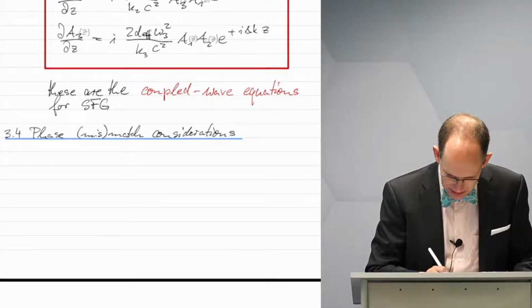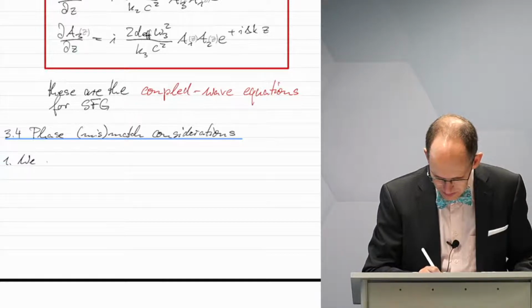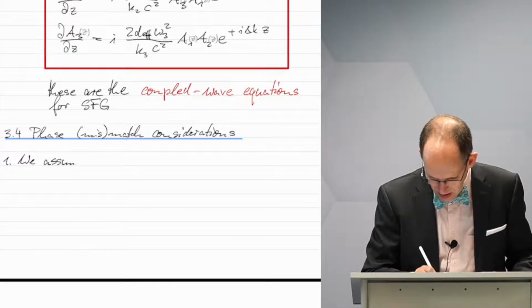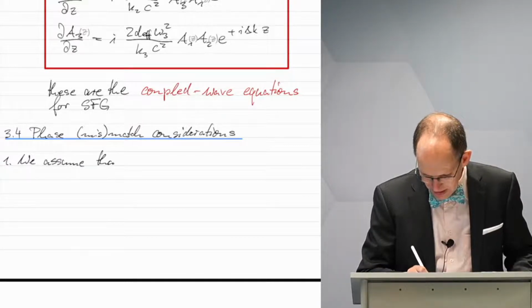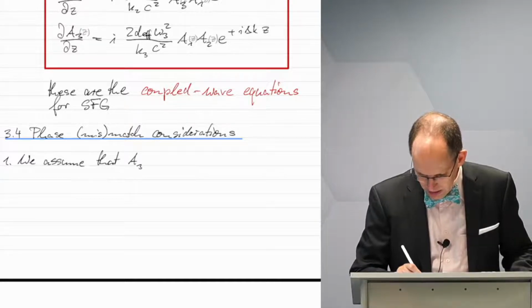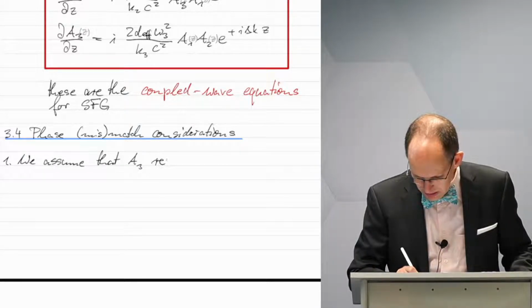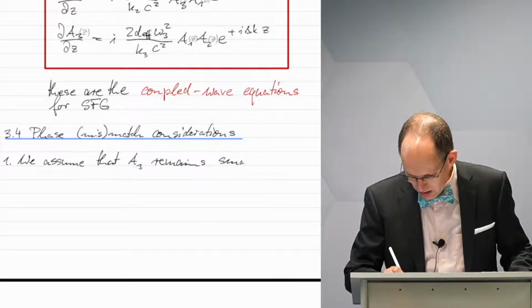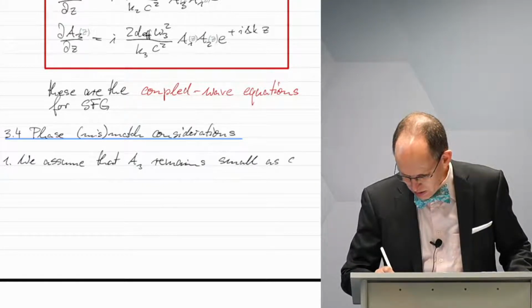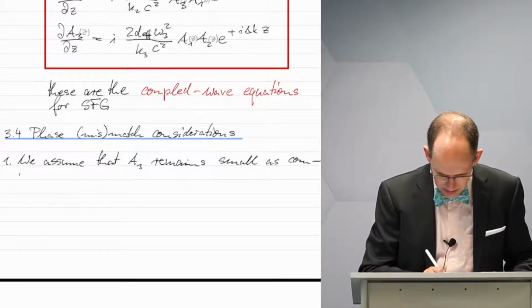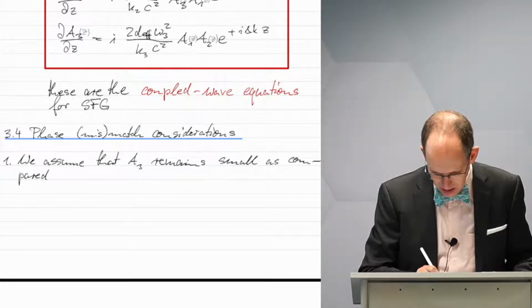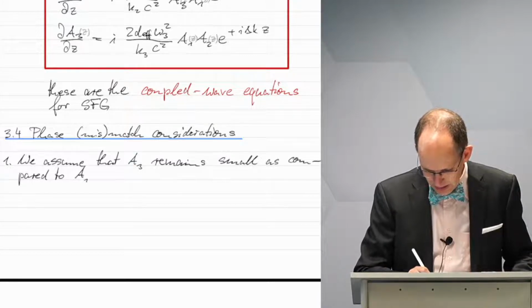So let's write that down. So we assume that A3 remains small as compared to A1 and A2.